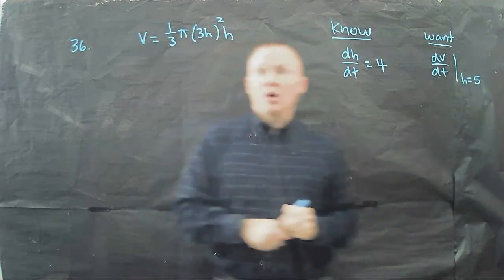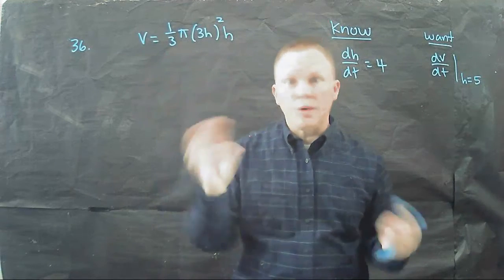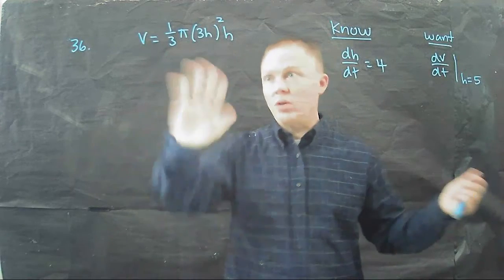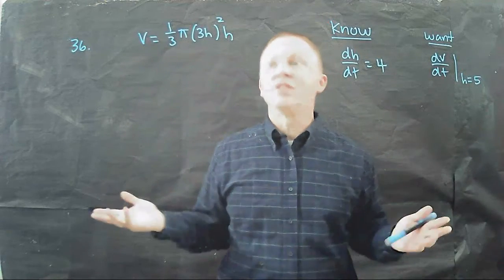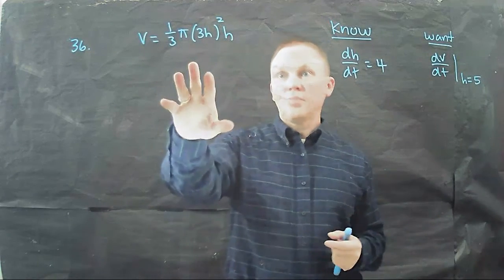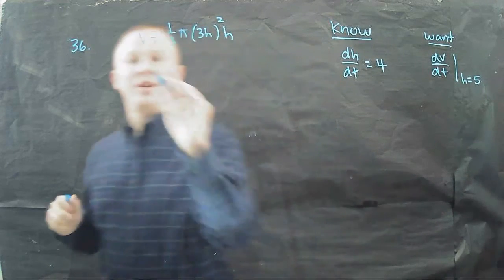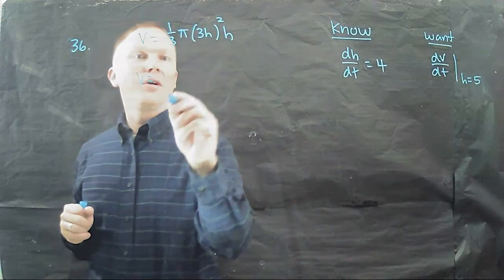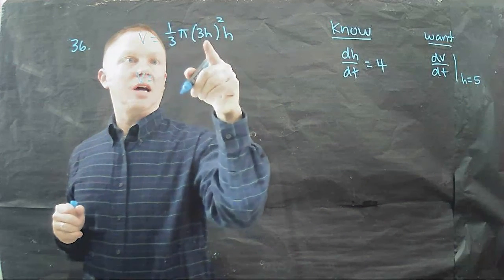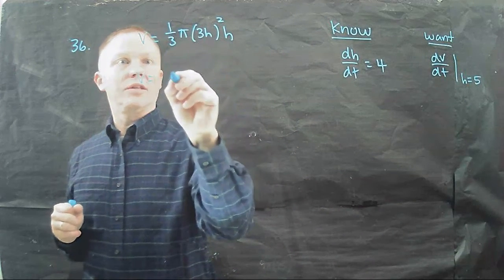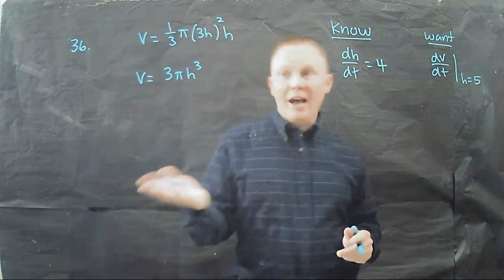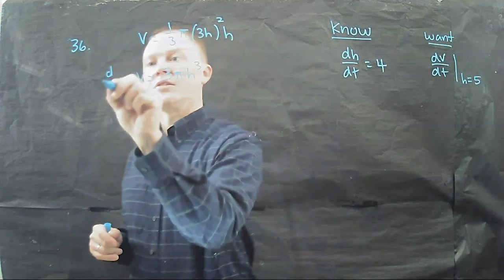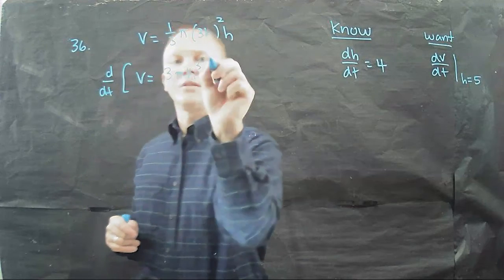Okay? So we're still going to use the same relationship between r and h that we had before. So the volume function that we have here, the volume all in terms of h, doesn't change. We're going to rewrite this exactly like we did before. So that's 3 times 3 is 9, over 3 is 3 pi h cubed. And now we'll just differentiate this with respect to t.